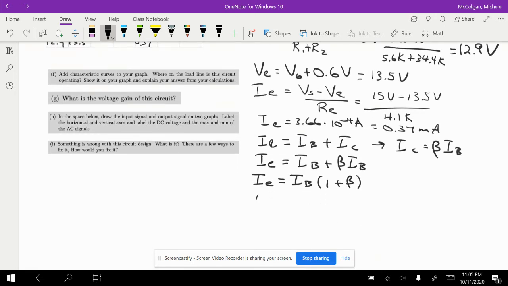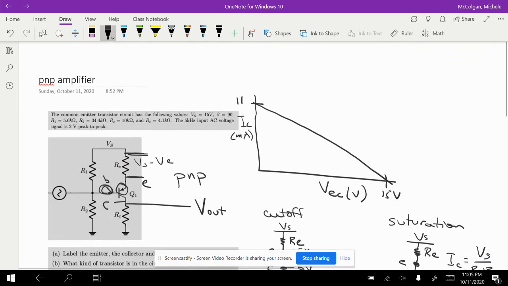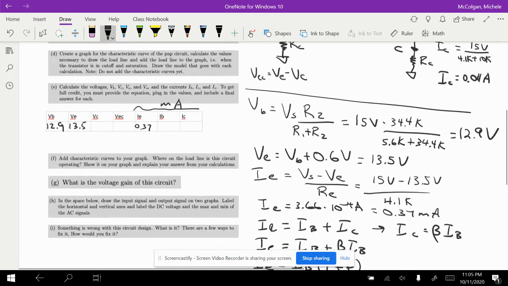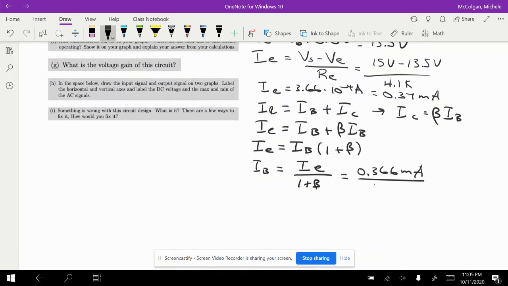So solving for IB, we get that's equal to IE divided by 1 plus beta. And in our case, IE is 0.366 milliamps over, and beta is, I think, 90? Yeah, 90. So this is going to be divided by 91.